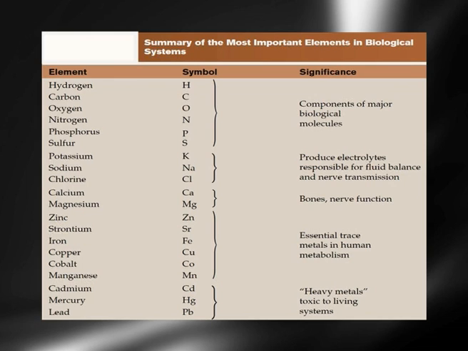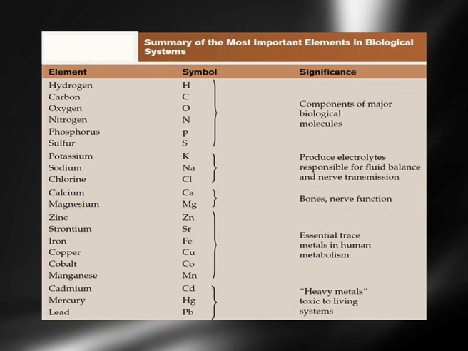Here, the biological roles of these elements have been summarized in this table. For example, the 6 major biological elements, hydrogen, carbon, oxygen, nitrogen, phosphorus and sulfur, are the components of the major biological molecules. Potassium, sodium, chlorine produce electrolytes and are responsible for fluid balance and nerve transmission.